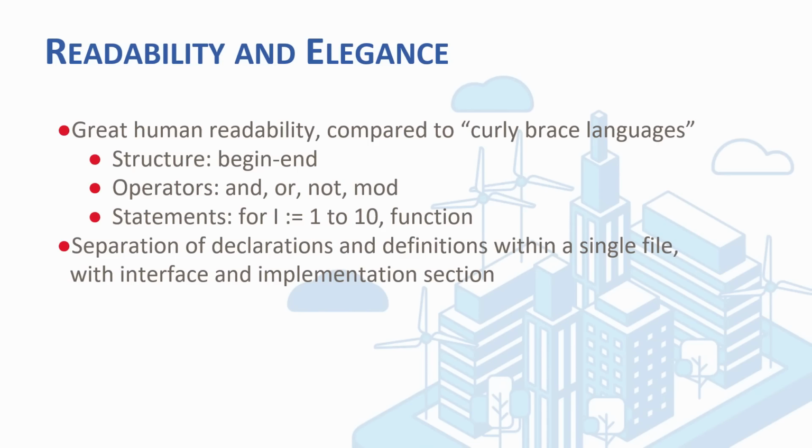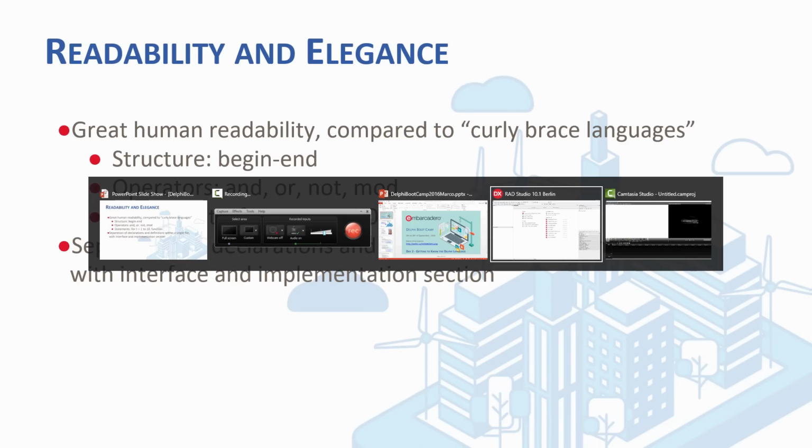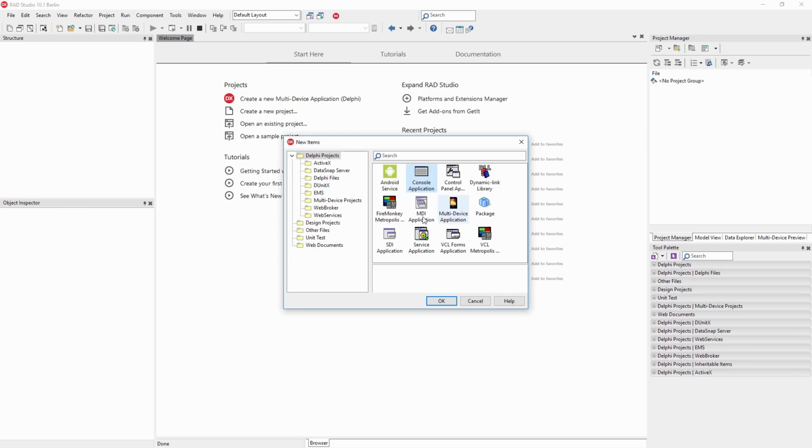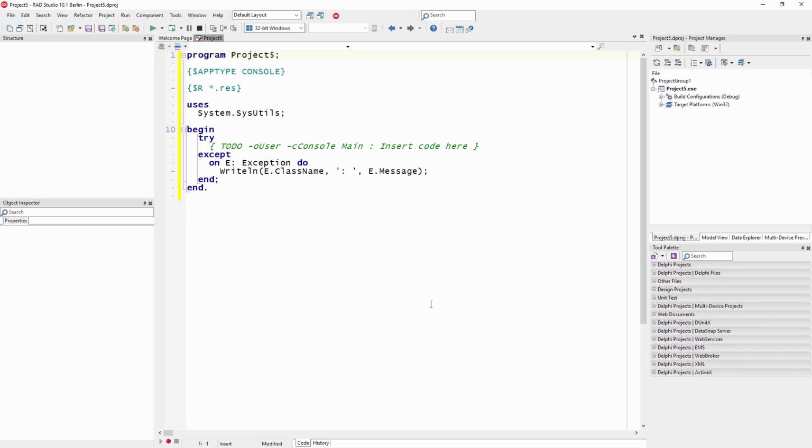You need to make that information available to the linker somehow, but the way you structure the code in terms of files is completely free. Object Pascal has a very specific approach, which is using units, and the fact that these units have a structure. And again, we'll get to that in a second, because what we really need to start doing is to start writing and looking at code by creating a small console application.